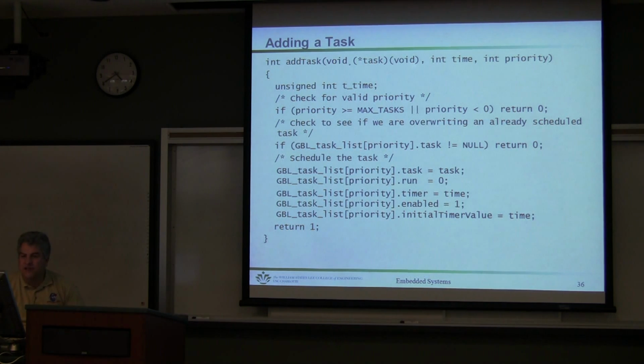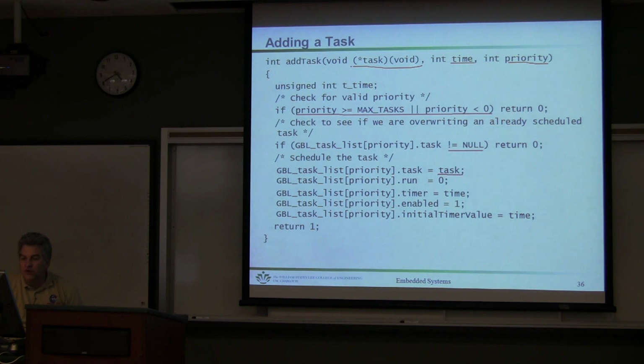This is the code to be able to run a task. Whenever you run a task, keep in mind that we have to identify its priority, its frequency of running, as well as, of course, the function or the address to execute that function. So in this case, you will check to make sure that the priority is in the valid range of the number of tasks that you have, and that it's not already occupied.